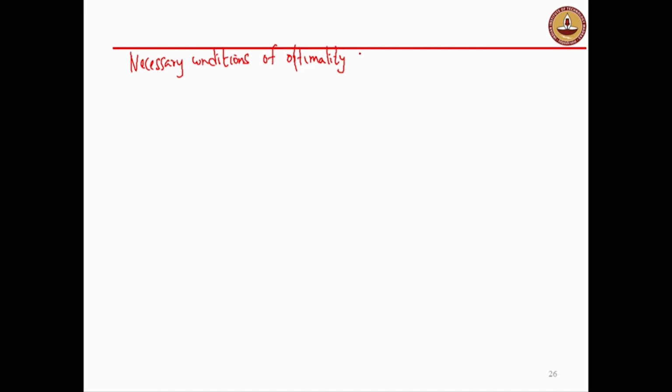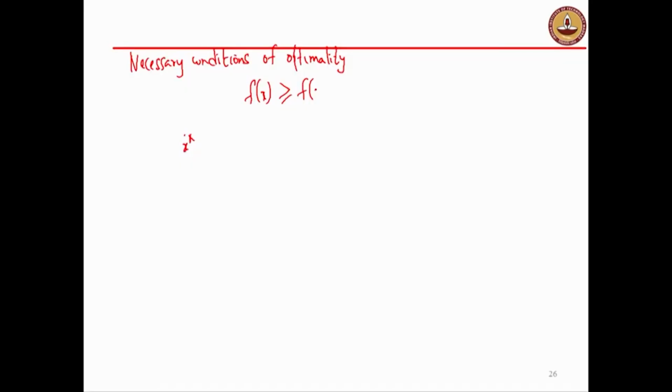So now if you go back, what did we say for a local minimizer, x star? I should be able to find a neighborhood around x star, and no matter which direction I go, f of x should be greater than or equal to f of x star in some neighborhood. I am only talking about local optimality. A lot of these characterizations are possible only for local optimality.